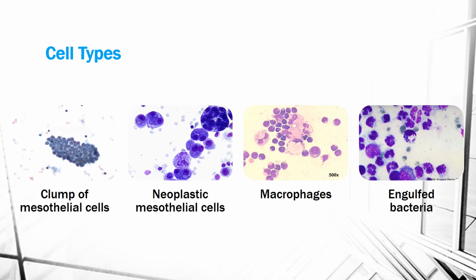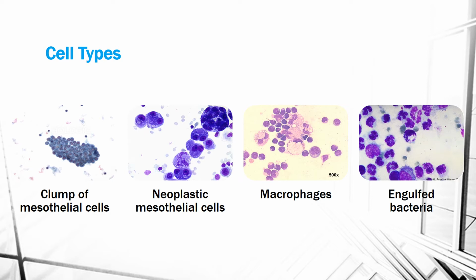So remember what we're trying to do here. We're trying to differentiate transudate from exudate, which is an inflammatory process. So we're trying to look for those cells that are associated with an inflammatory process.